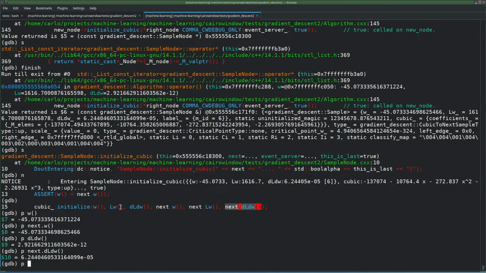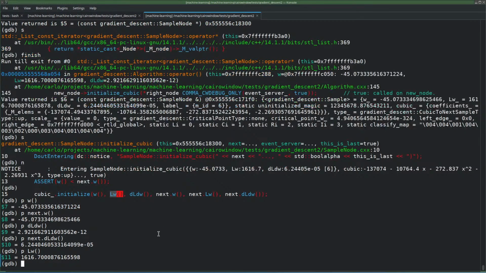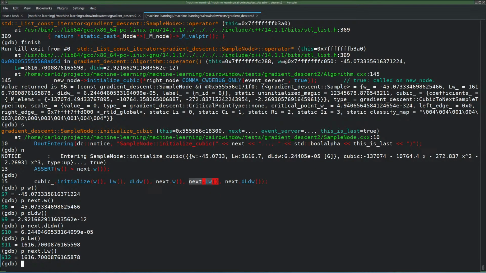So this should be larger than that one. 1617 or so. Okay, and then this one is larger. It is larger, but I had expected a little bit more, but okay.